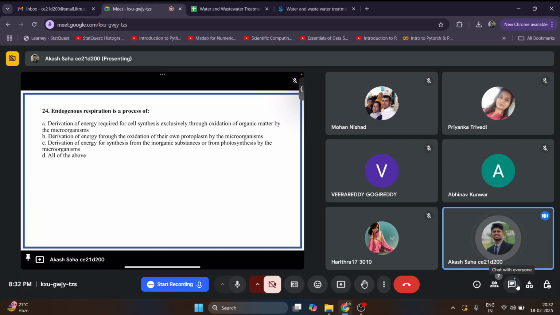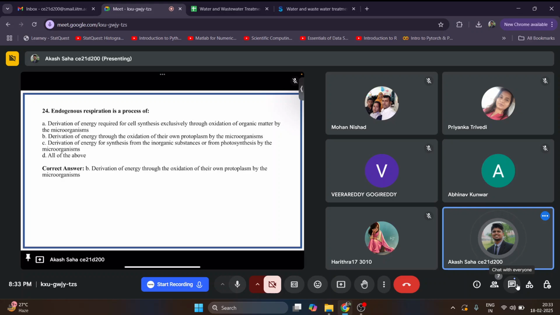When we talk about endogenous respiration, it is oxidation of their own protoplasm. The microorganisms will start dying, they will feed on each other, or the oxidation of their own protoplasm will happen.